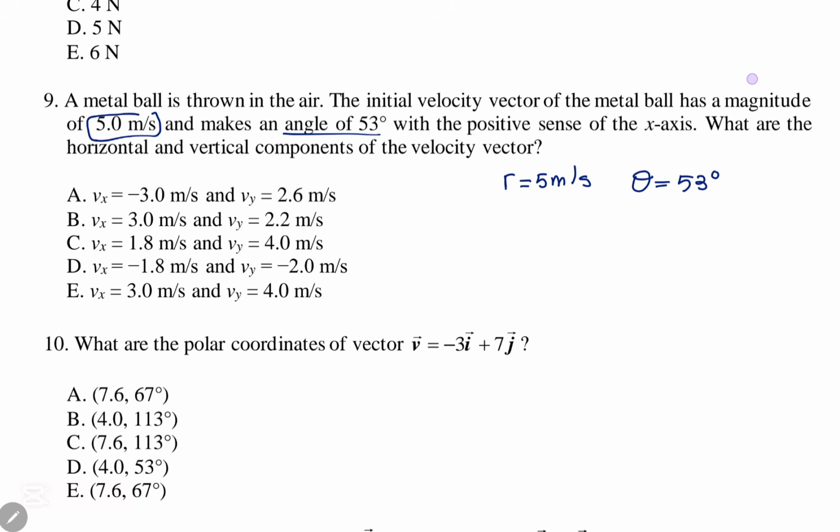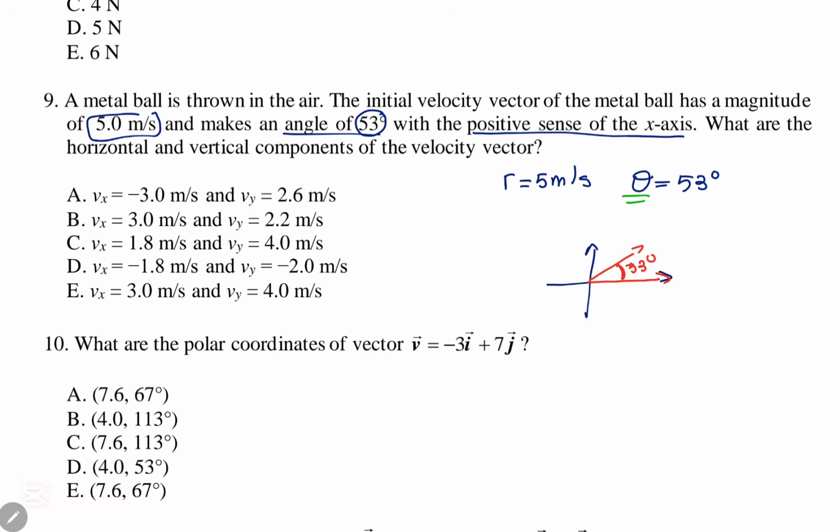Okay, here this is very important. Why did I write theta and I didn't continue reading? This is a big mistake because they could have given me bearing. They could have given me anything else. Angle of 53 degrees with the positive sense of the x-axis. So pay attention. Here, it makes an angle of 53 degrees with the positive sense of the x-axis.